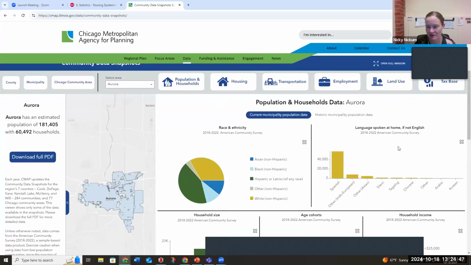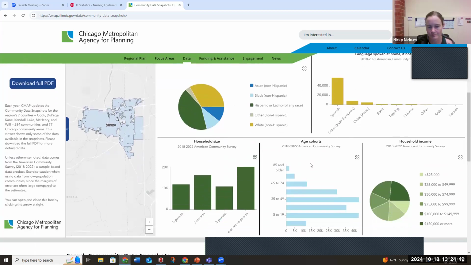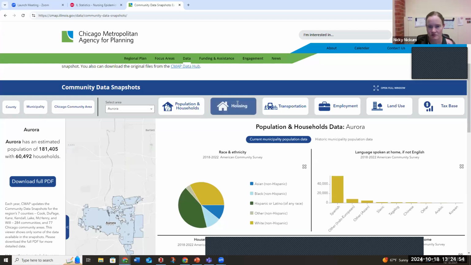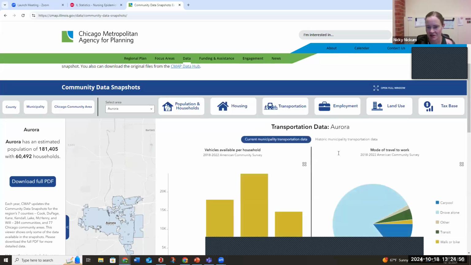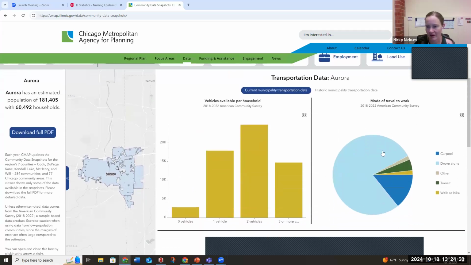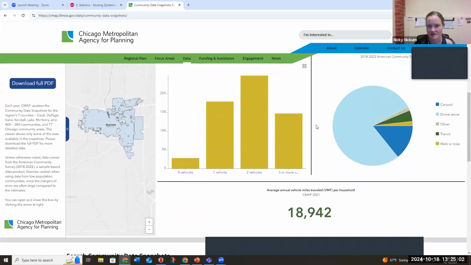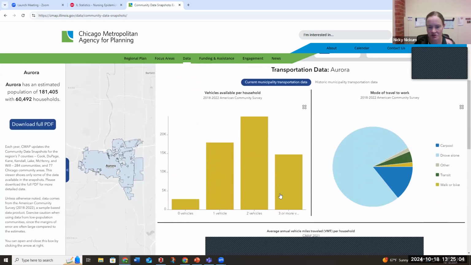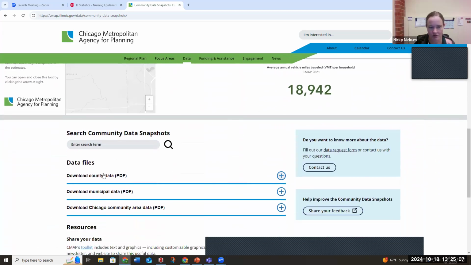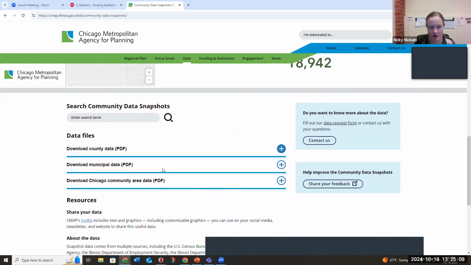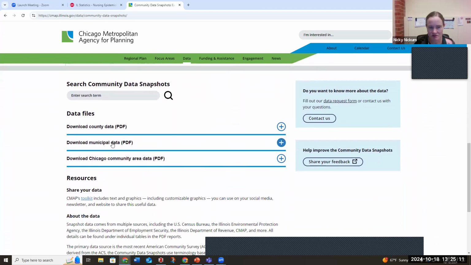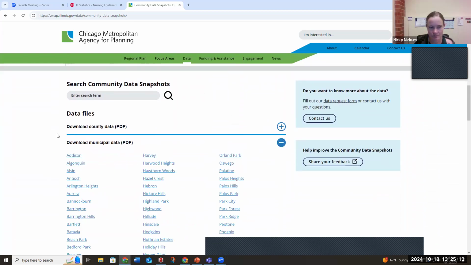Race and ethnicity, languages spoken at home, household size. Look at transportation. How are they getting to work? How many vehicles per household? Now, this doesn't have all the information in chart form. If we go here to getting the data, and you can get a PDF. It's about 20 pages long. It's very in-depth.